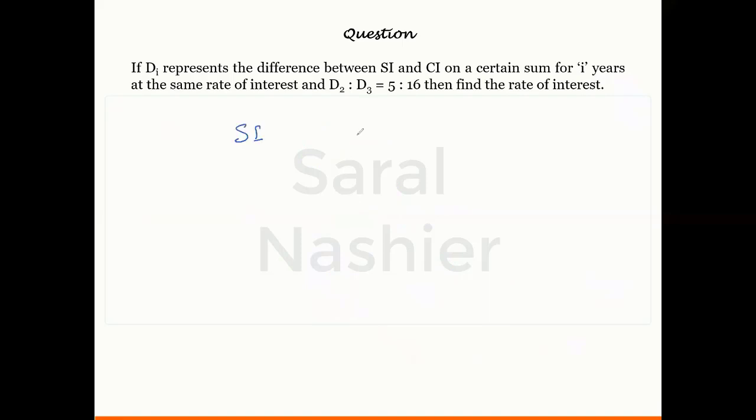Simple interest, compound interest. In case of simple interest, in the first year you get an interest of I, second year you get an interest of I, third year you get an interest of I. In case of compound interest, you definitely get I in all 3 years, but you get some extra interest as well. In the first year it is I, but in the second year you get I plus R% of this I, right?